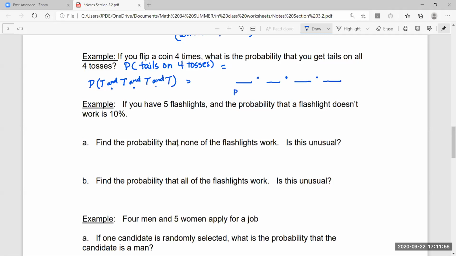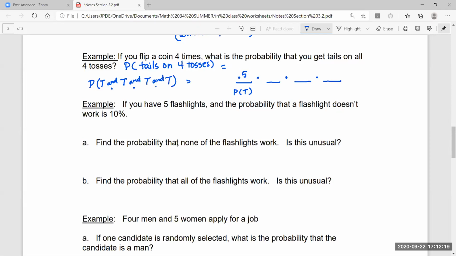Well, what's the probability when you flip a coin that you get tails? You can either use 1/2 or you can use 0.5. Same difference. Most people like to use the 0.5 because they'd rather work with decimals. But if you want to use 1/2, that's fine. We need to think about if these are independent or dependent events.